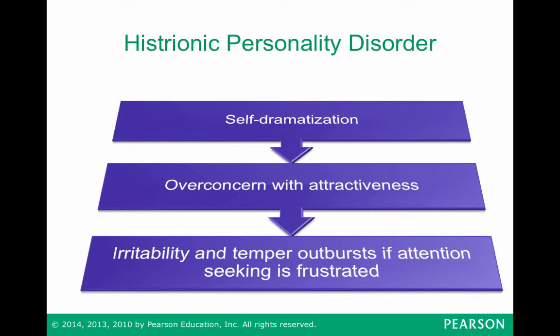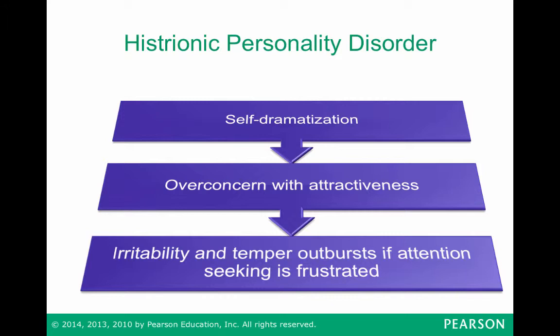They're uncomfortable in situations where they're not the center of attention. Their interaction with others is often characterized by inappropriate, sexually seductive, or provocative behavior. They display rapidly shifting and shallow expression of emotions, consistently use physical appearance to draw attention to self, have a style of speech that is excessively impressionistic and lacking in detail, show self-dramatization, theatrics, and exaggerated expression of emotion, are very suggestible and easily influenced by others, and consider relationships to be more intimate than they actually are.